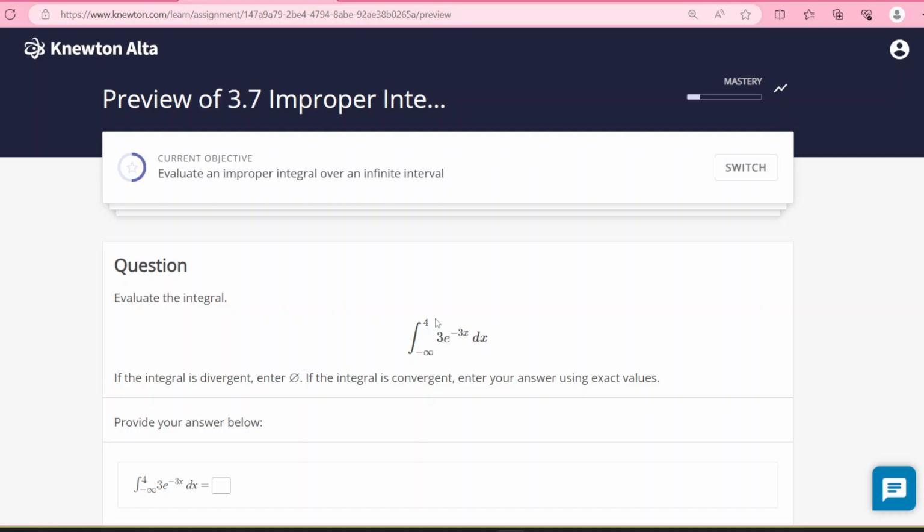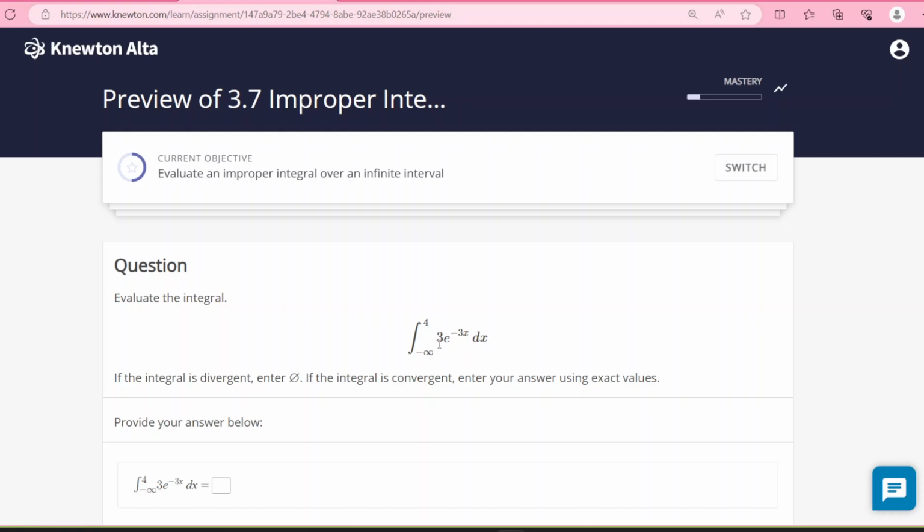Now, it doesn't have to be 0. It can be any finite value you wish, but usually 0 is a good choice. And then you find both those integrals, and if both converge, the whole thing converges to the sum. If one of them diverges, the whole thing diverges.